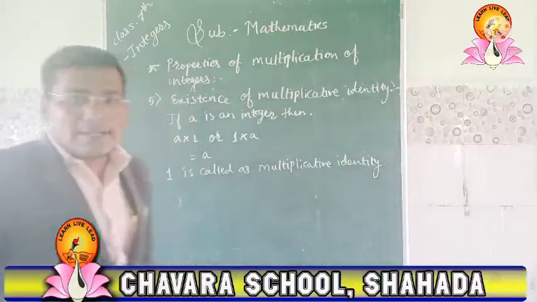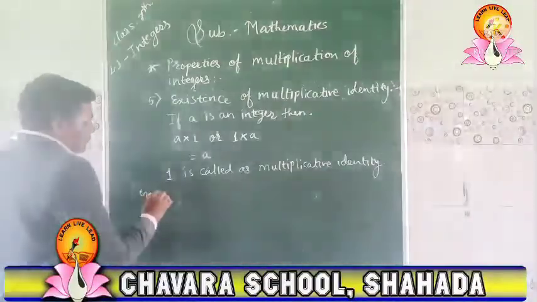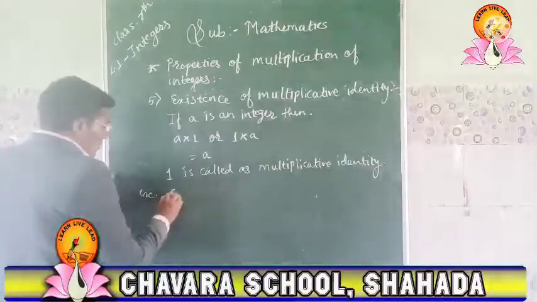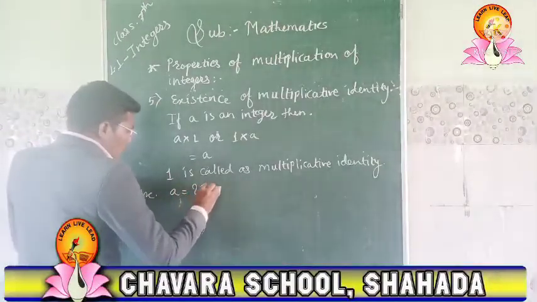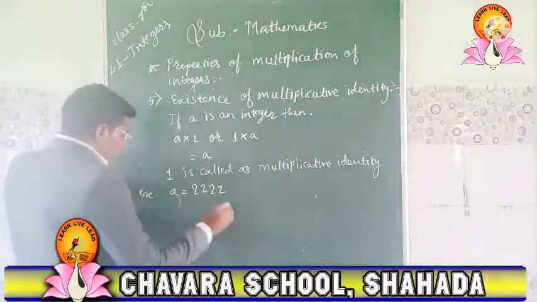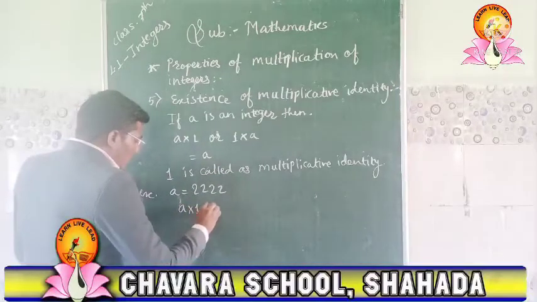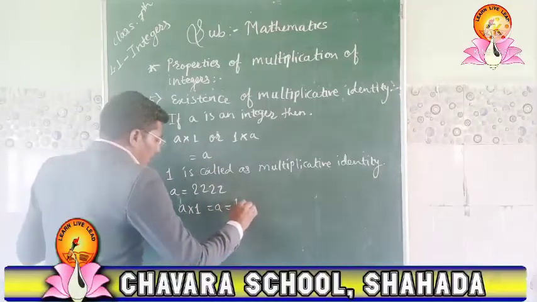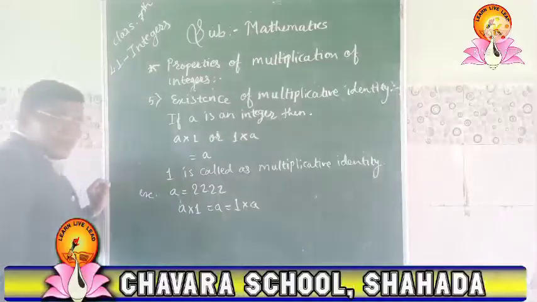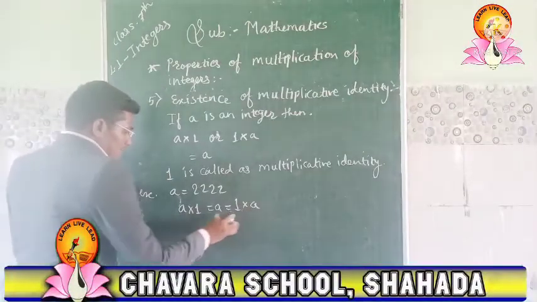Multiplicative identity. For example, if in the place of a we take 2222, then by using this property, a multiplied by 1 is equal to a is equal to 1 multiplied by a. This answer is nothing but a and this answer is nothing but a.